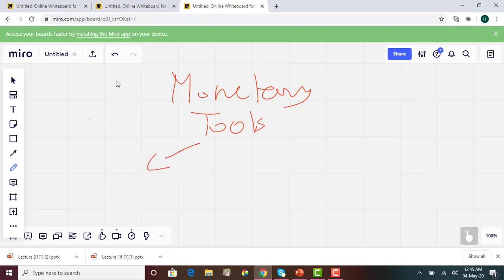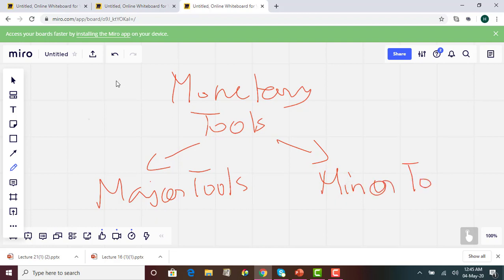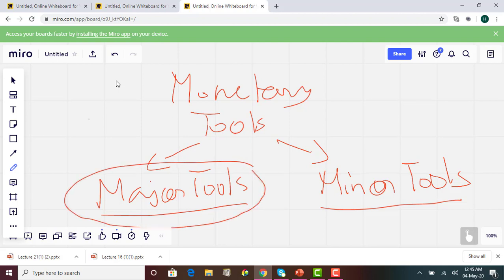One is known as major tools, and the second one is called minor tools. These are two different ways we can control the money supply. Major tools have a significant and direct effect on the money supply. Minor tools have an indirect effect on the money supply.